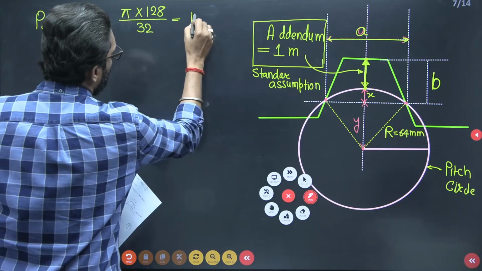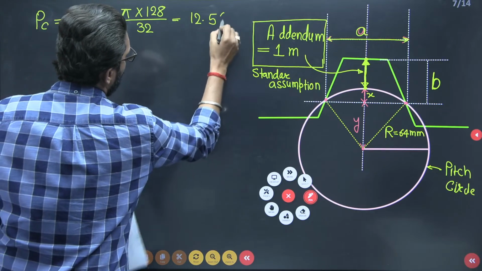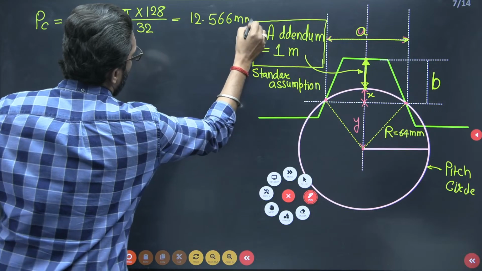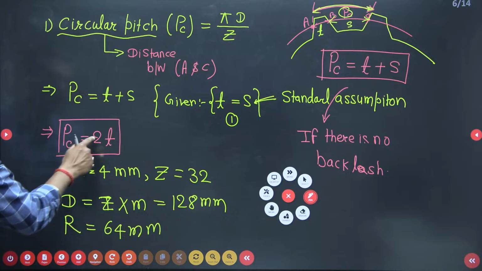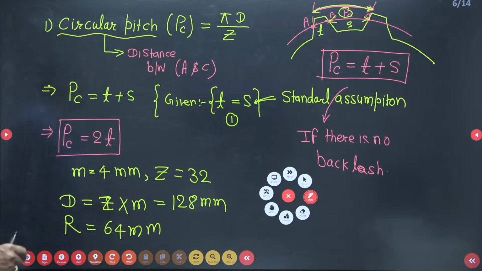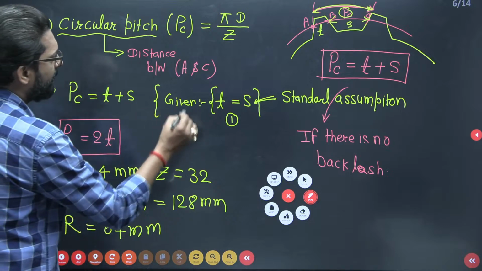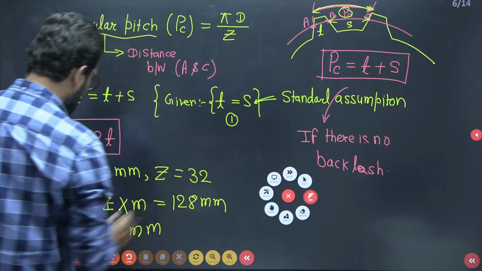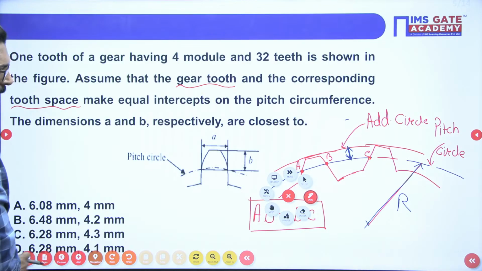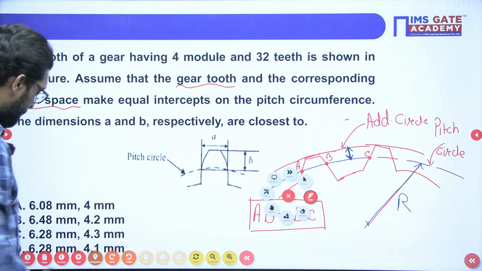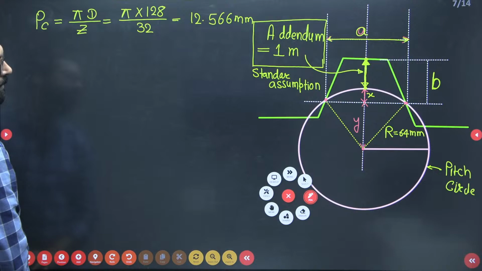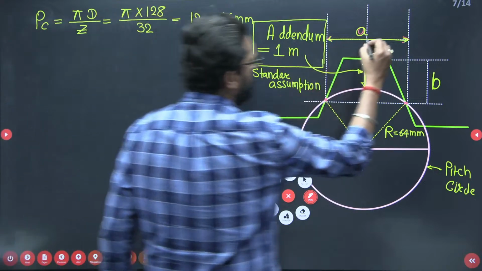This is 12.566 mm. Now we already know that this pitch circle is equal to 2 into t, and t is the tooth thickness. Here the tooth thickness A is given.